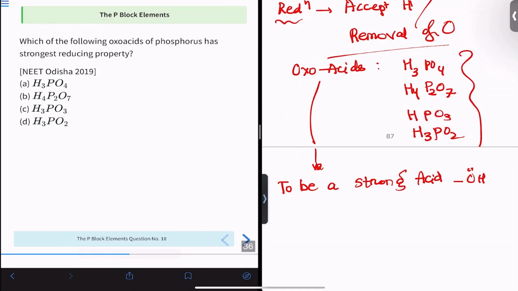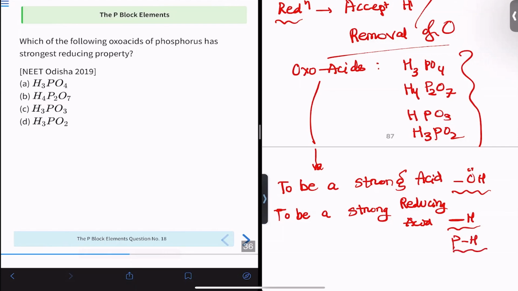But in the same way, to be a strong reducing agent, you must have more number of single bonded H. Here P is there, so more number of PH bonds should be there. Whichever compound has more number of PH bonds will be the strongest reducing agent.